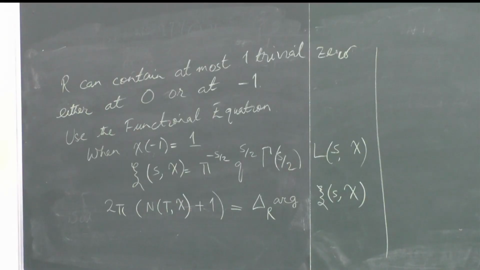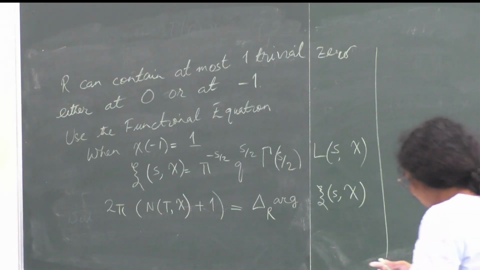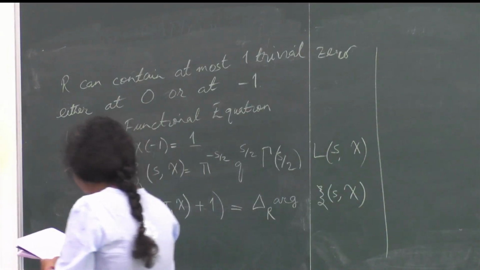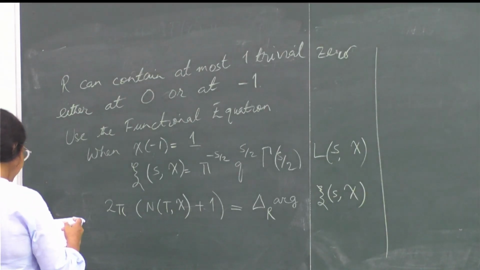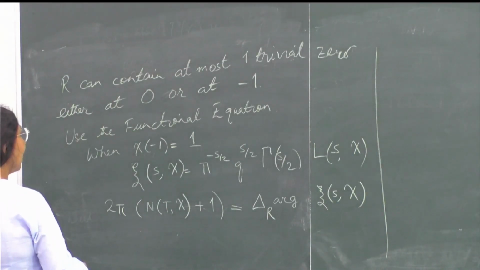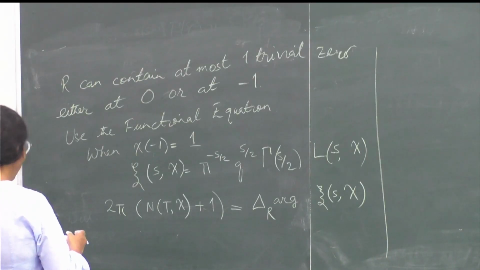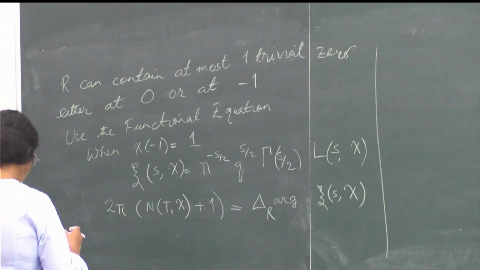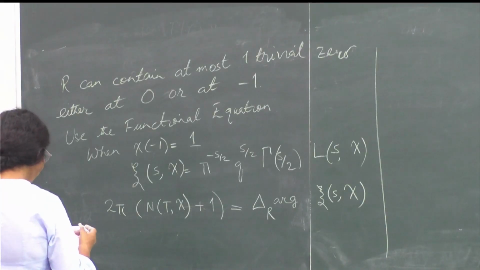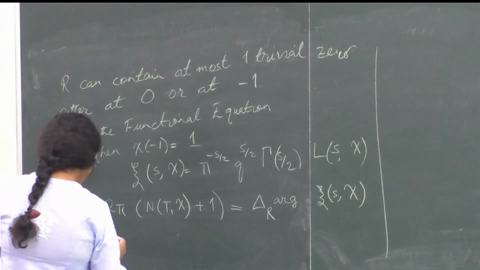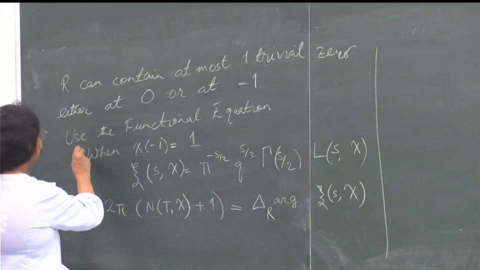So this is true, okay, and so now either chi of minus 1 is 1 or chi of minus 1 is minus 1. All right, that I know. And when chi of minus 1 is 1, I get this.